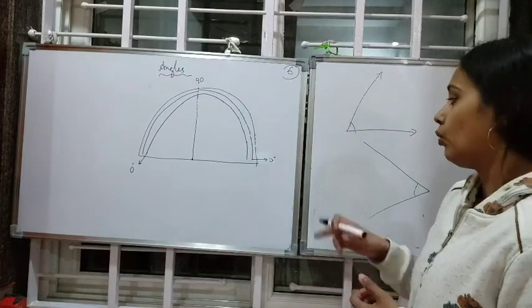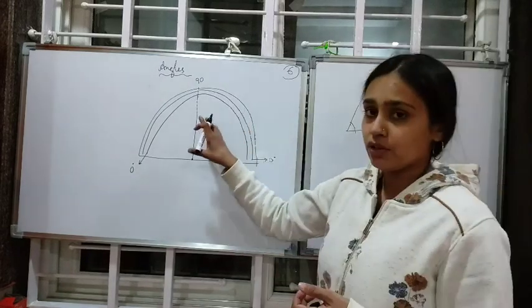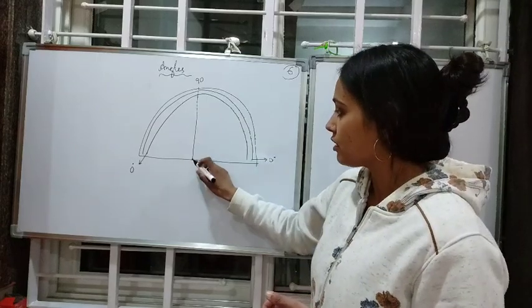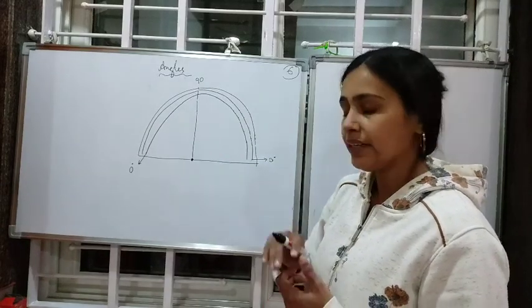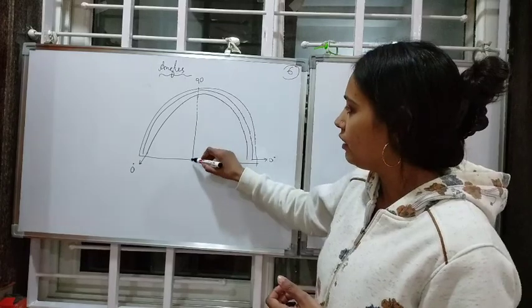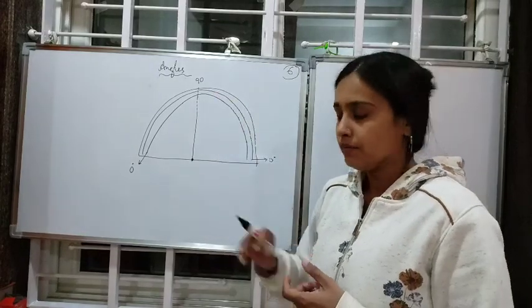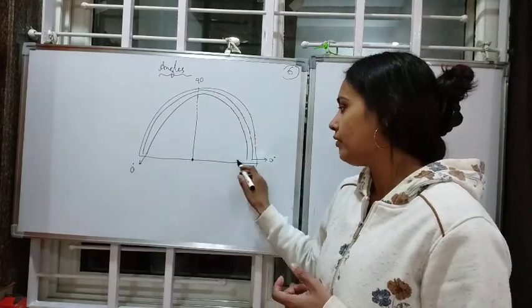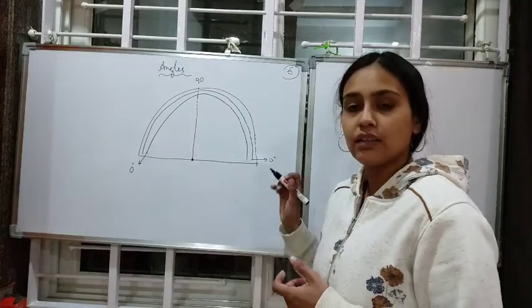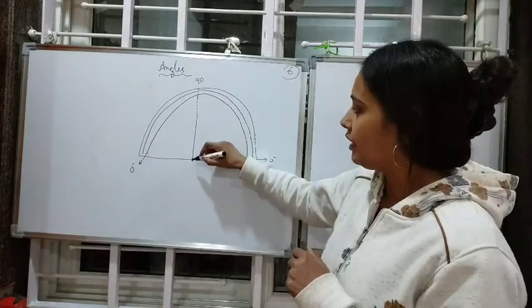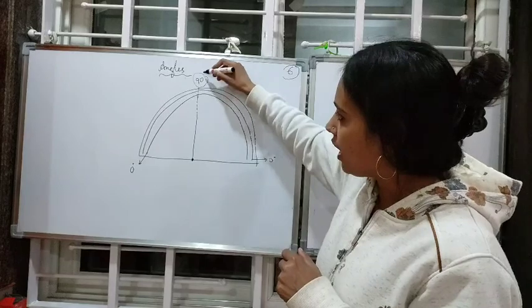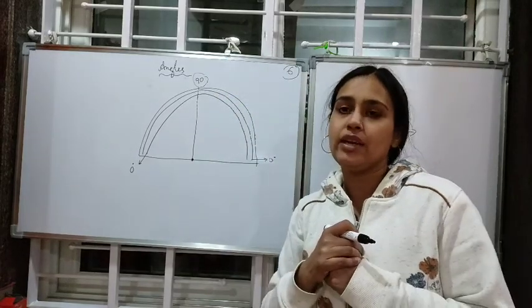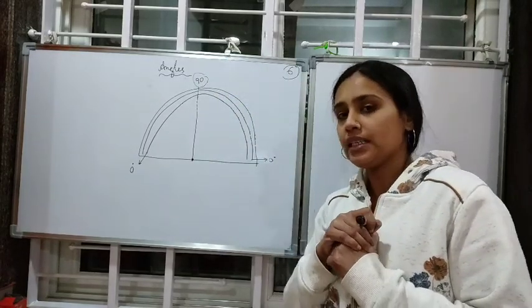This protractor has a point in its center and a line perpendicular to a line which is drawn at its base. This perpendicular line is marked as 90 degrees, showing that it is a right angle.